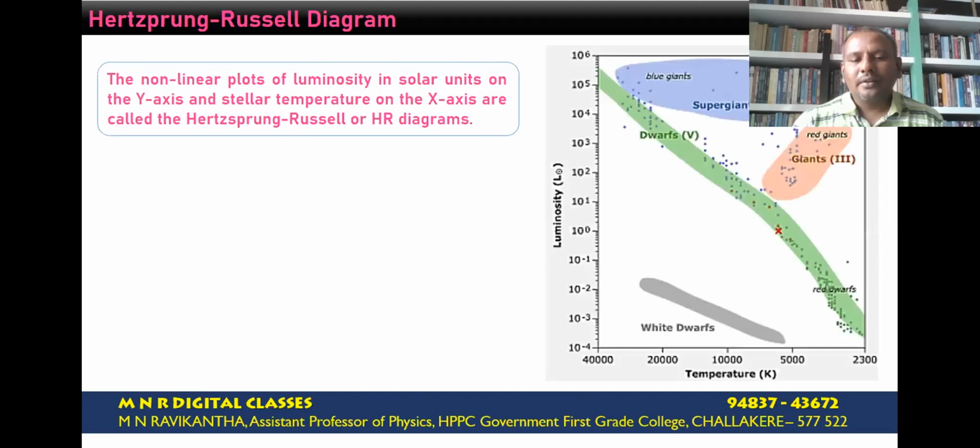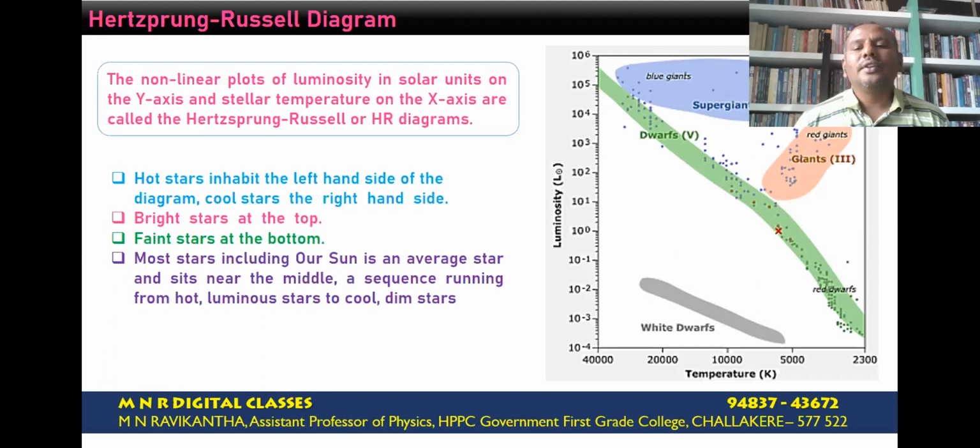Uses of the HR diagrams. Here we have the plot taking luminosity in terms of solar units on the y-axis and the stellar temperature along the x-axis. Note here the temperature is taken in decreasing order, 40,000 to 3,000.